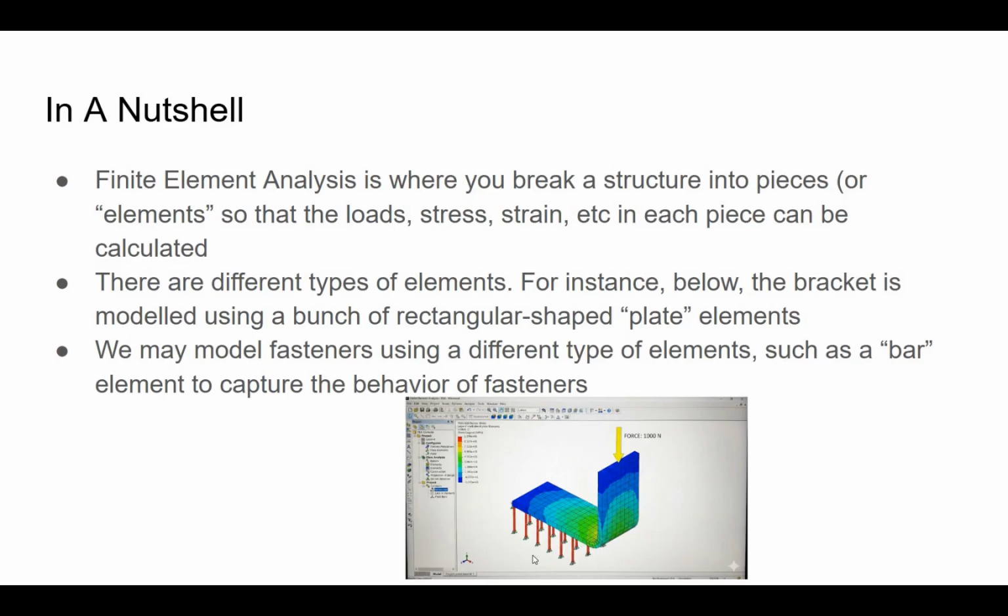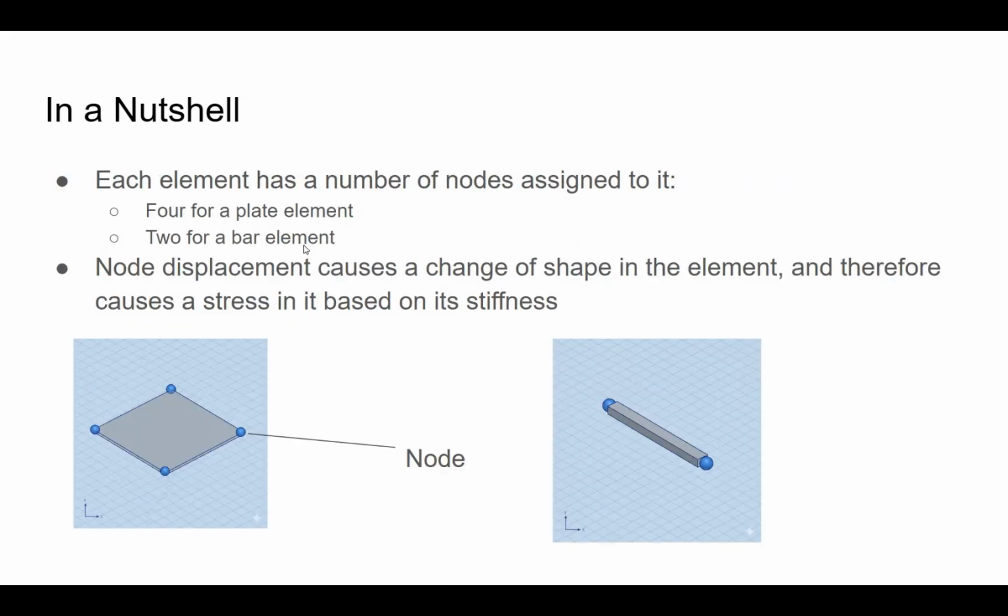Then they do have constraints on this particular node on these bar elements so that it stays in place, and then this load applied right here. So this is a good simple example of a finite element model.